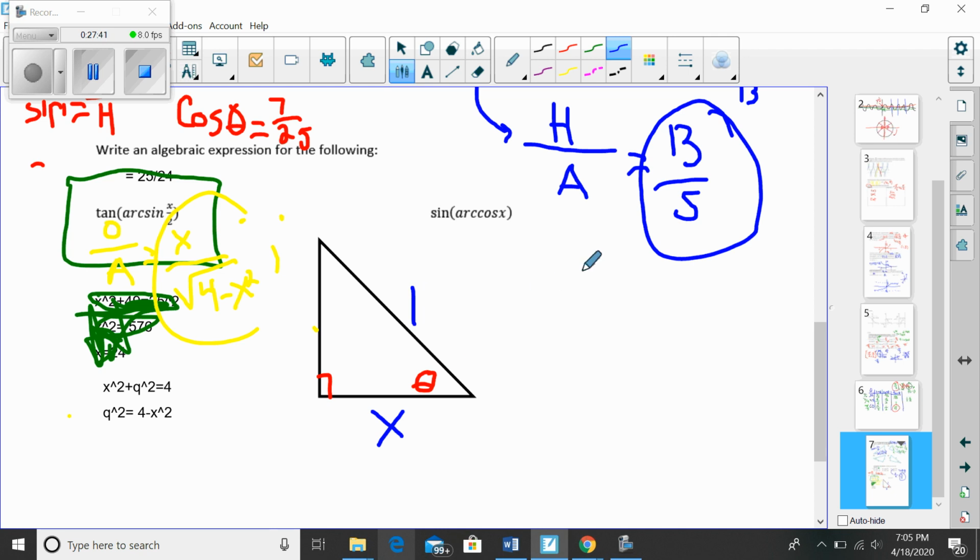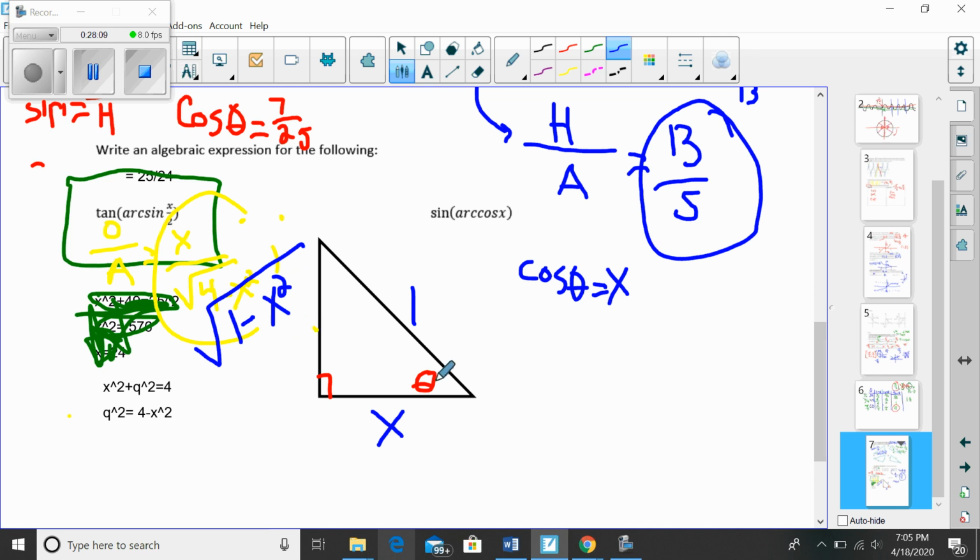So this would be cosine of theta equals x. Cosine is adjacent over hypotenuse, so this is a 1. If you used the Pythagorean theorem, you should have found the third side, the opposite side, to be the square root of 1 minus x squared.